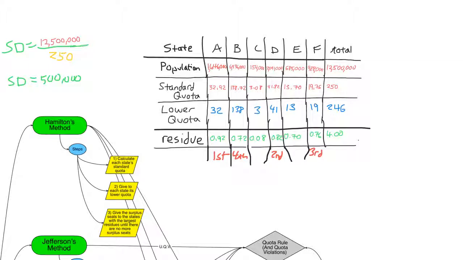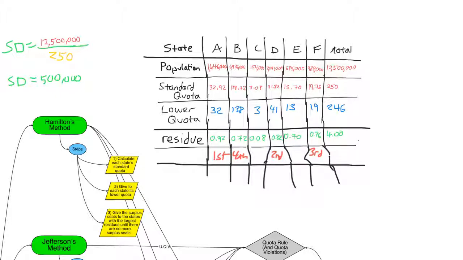All right. So what happens at the end, therefore, as a result of divvying out the surplus seats in this way? Well, at the end of the day, we know for sure that we are going to have 250 seats, which, if that's not clear already, it's going to become clear soon.